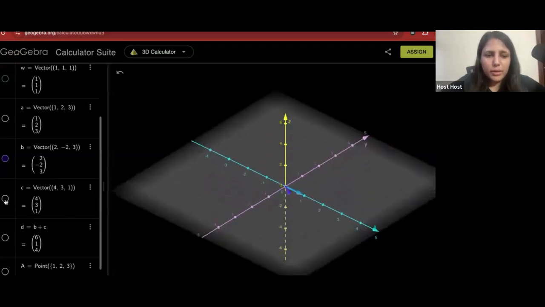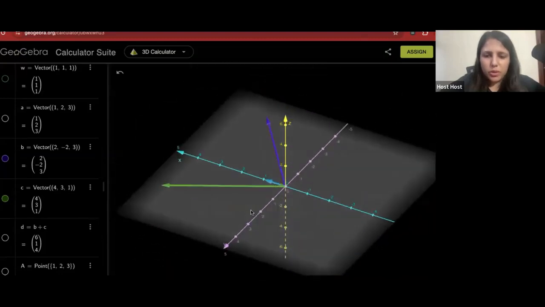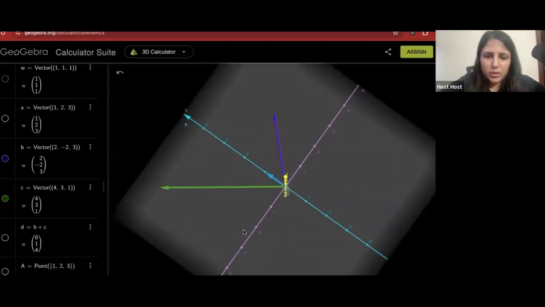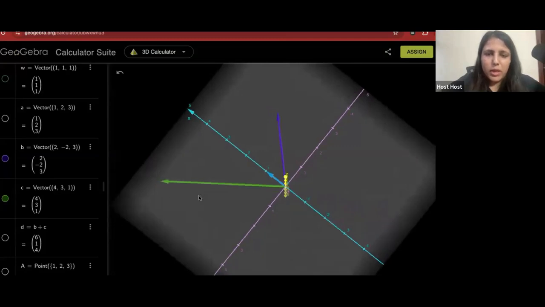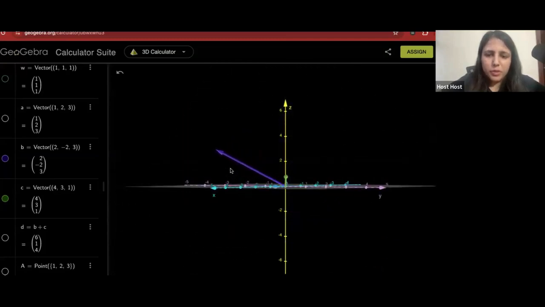And I want to add this vector (4, 3, 1) to it. So let's visualize (4, 3, 1) as well. I have 4 in the x-axis and 3 in the y-axis. I think this will become more clear. And then I have 1 in the z-axis.